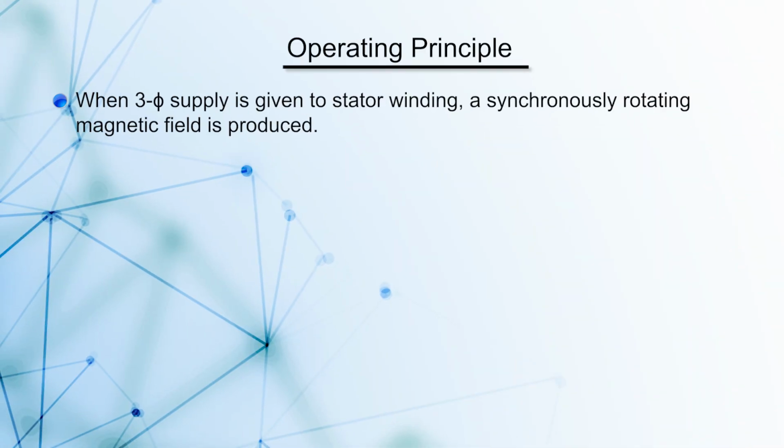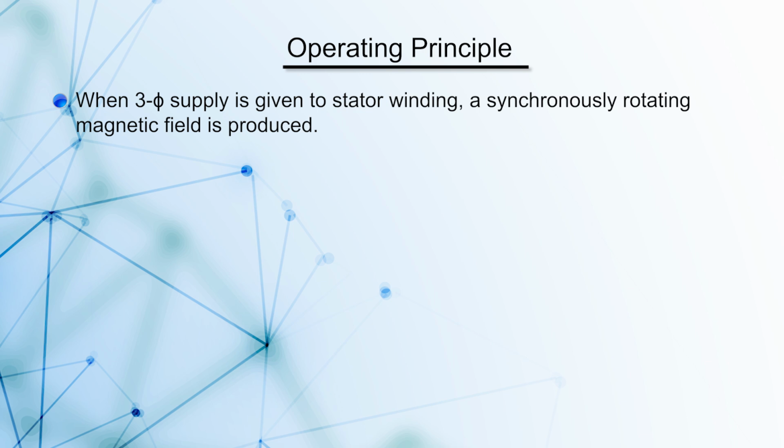Operating principle. When a three-phase supply is given to the stator winding, a synchronously rotating magnetic field is produced. A three-phase supply given to a three-phase winding will produce a rotating magnetic field. Similarly, a two-phase supply given to a two-phase winding will also produce a rotating magnetic field.